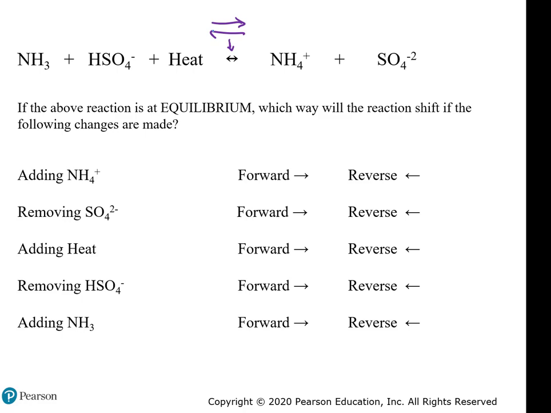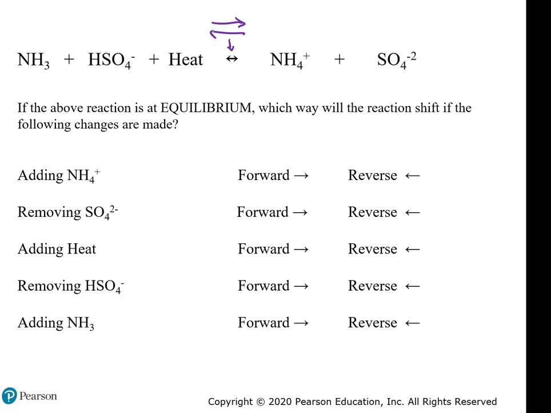Remember, when you see that, it means the arrows are going both directions. So I say, if the above reaction is at equilibrium, then I know the forward and reverse reactions are balanced. Which way will the reaction shift if I add NH4 plus? Will it go forward to the right or reverse to the left?